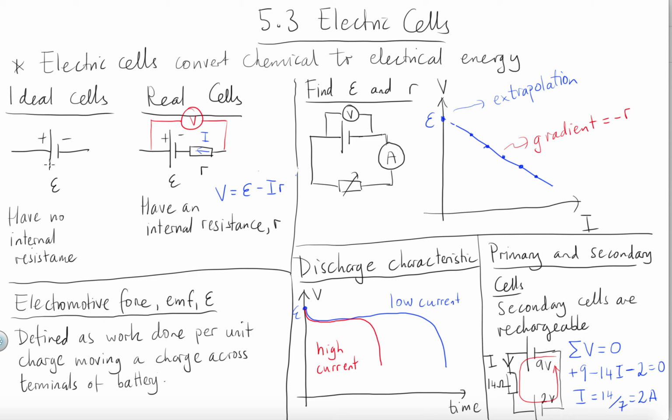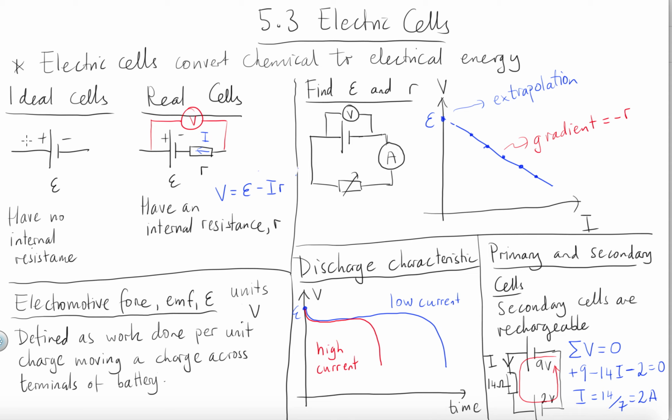So if I was to move a charge from the positive to the negative, and divide that by the number of charges, that would give me the electromotive force. The units are the same as voltage, so the units are volts. So to call it a force is rather misleading, but it's a measure of potential difference.